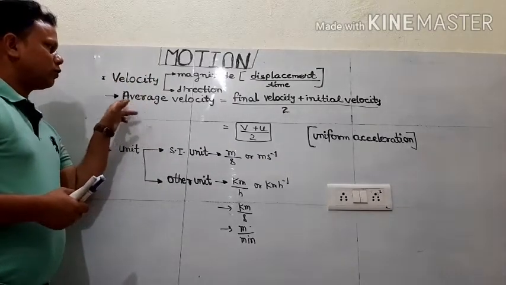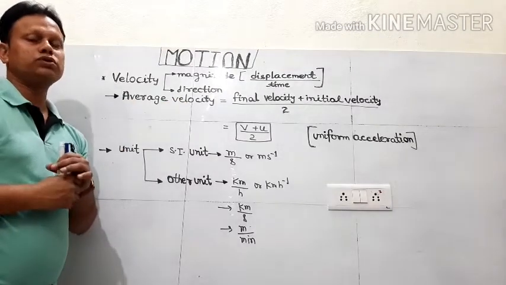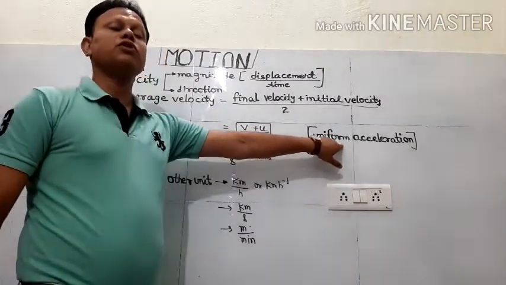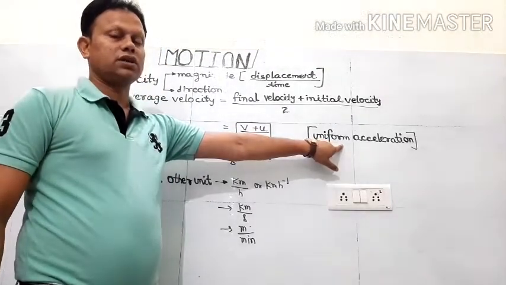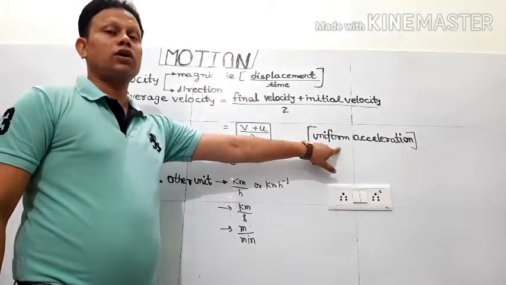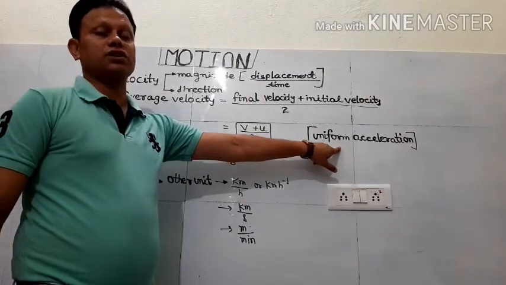Now one important relation we use especially for the situation we call uniform acceleration. This situation says an object is moving with an equal value of acceleration.